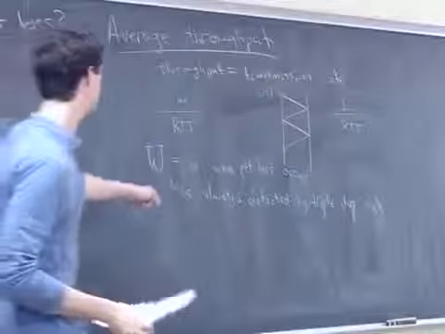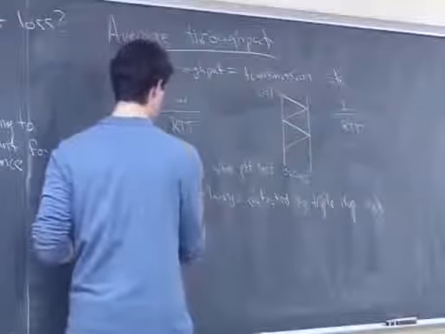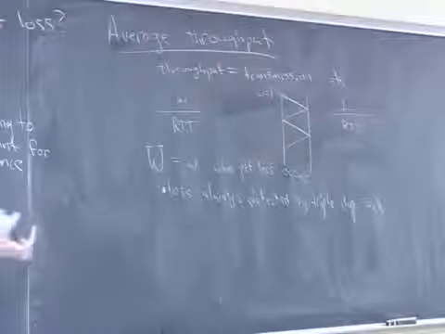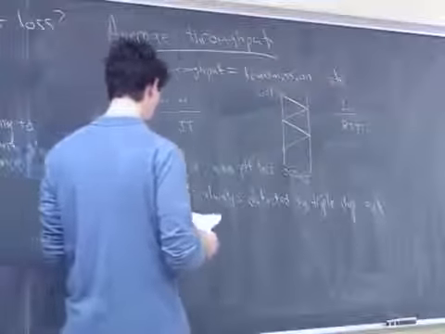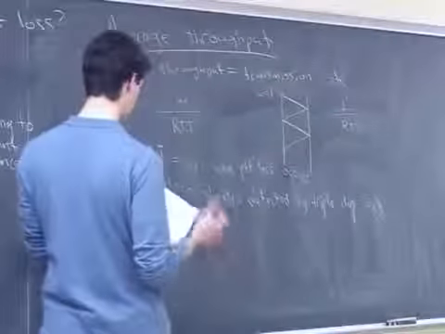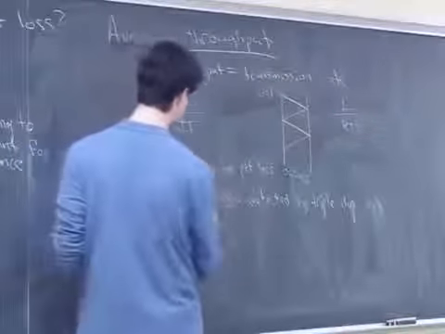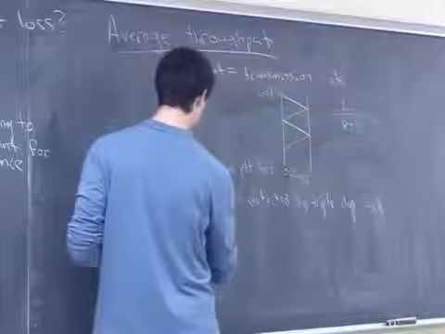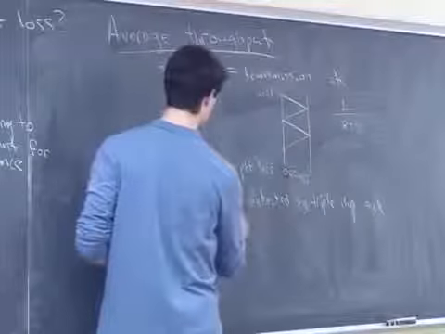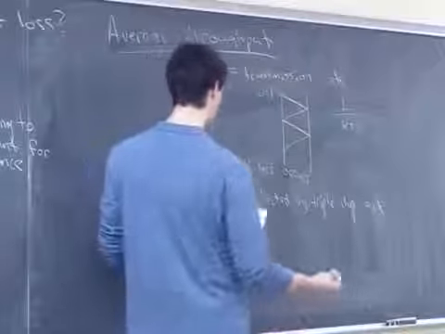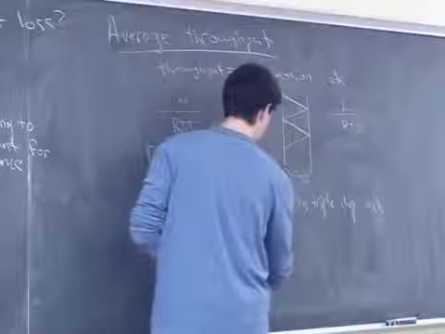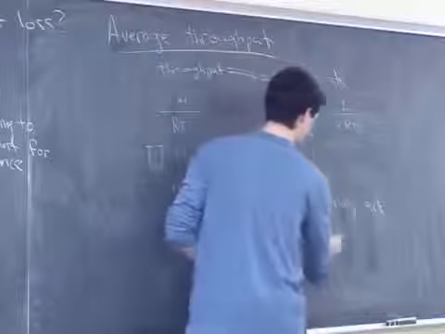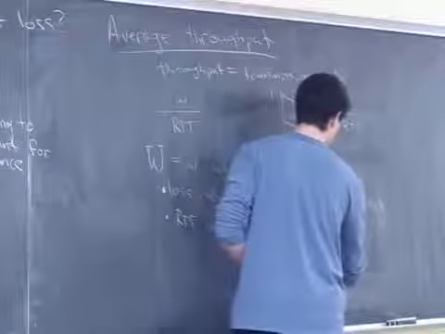This assumption just means that we will never go into the slow start phase. We're just always going to assume that we're in congestion avoidance. And we're going to assume one more thing, which is that the round trip time and this capital W are constant for the duration of this connection.